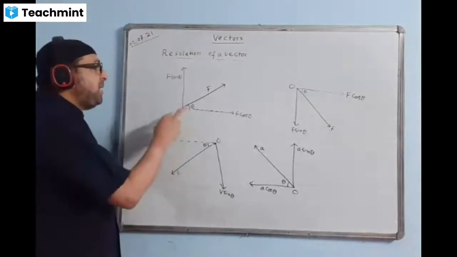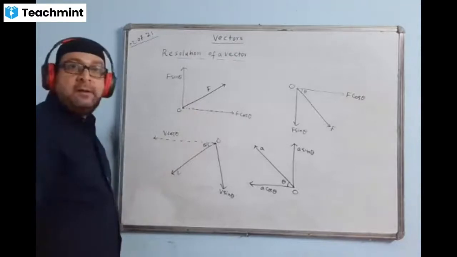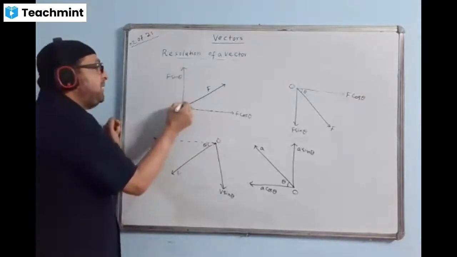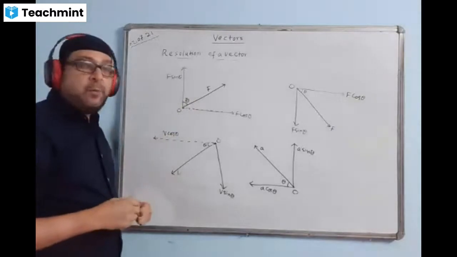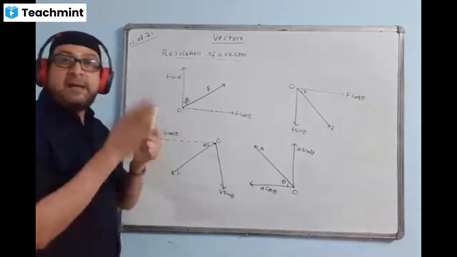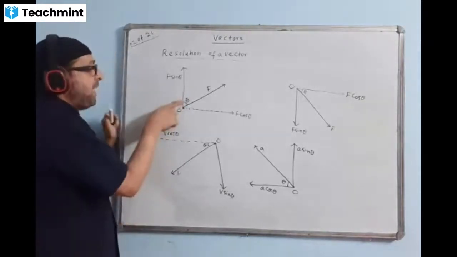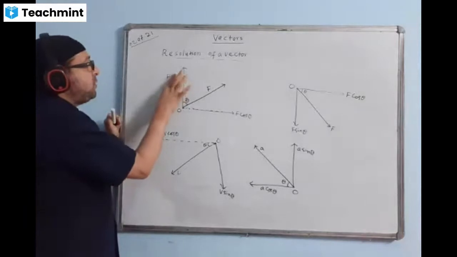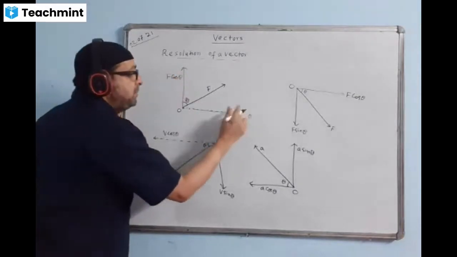Now, by chance, if the angle is not shown with the horizontal, but the angle is shown with the vertical line, with this line, then it will be just opposite. Whichever component makes the angle with the vector, that will come in cos form. This time the angle is here, so this will become cos theta, and this will become sin theta.